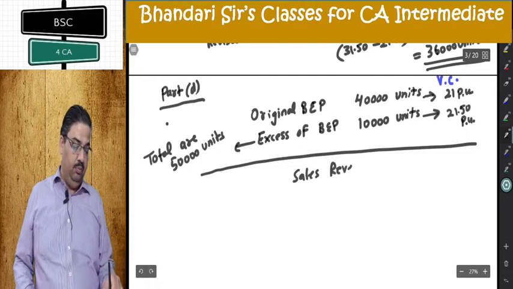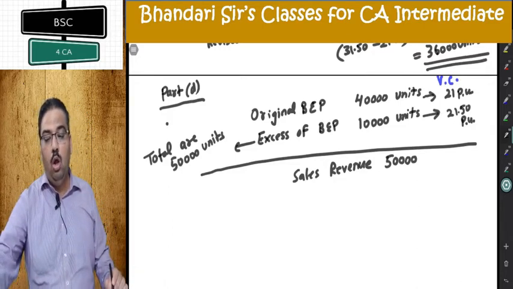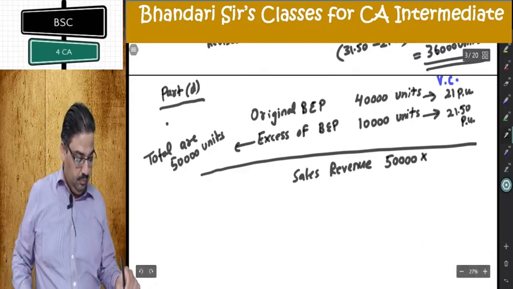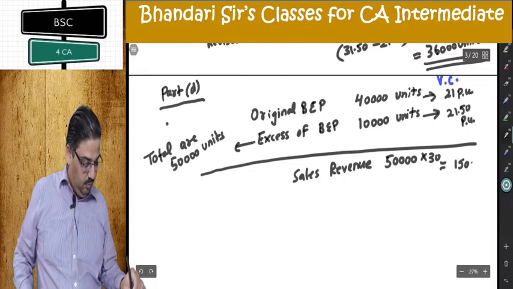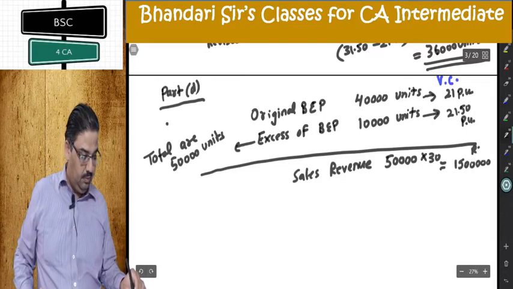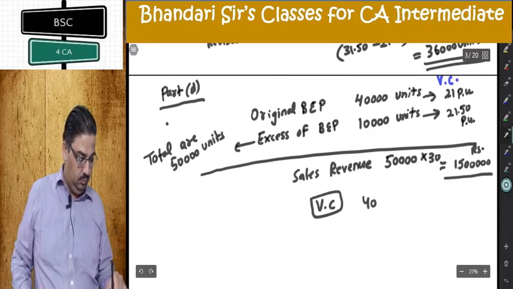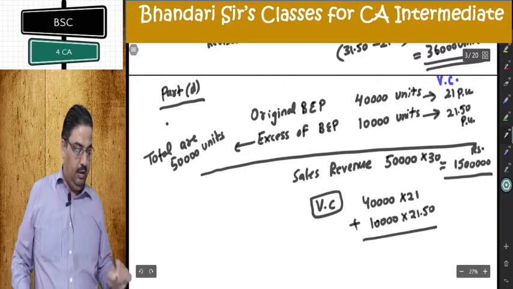Sales revenue: 50,000 units, all sold at same rate, which was 30 per unit. ₹15 lakh. Variable cost: 40,000 into 21, 10,000 into 21.50.